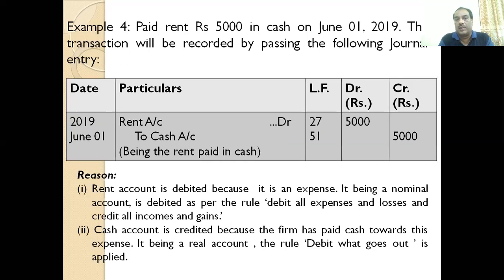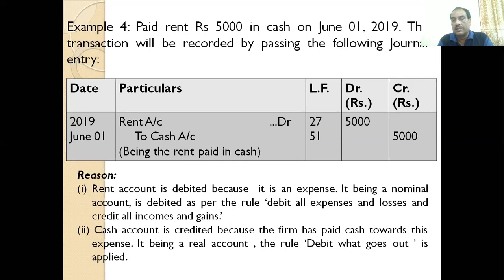Then the fourth example is: paid rent of rupees 5,000 in cash on June 1st, 2019. The transaction again will be recorded in the following way. Same date: year, month and date. Then in the particulars column, the rent account has been debited. What is rent?